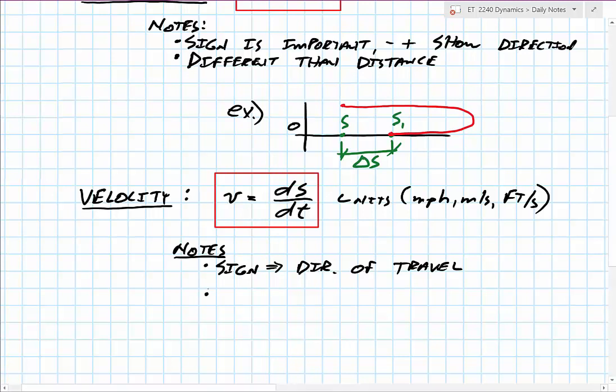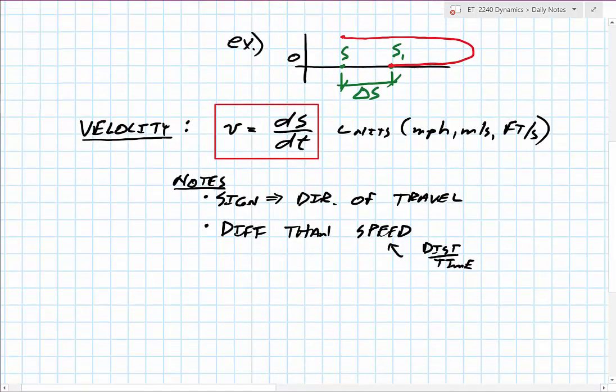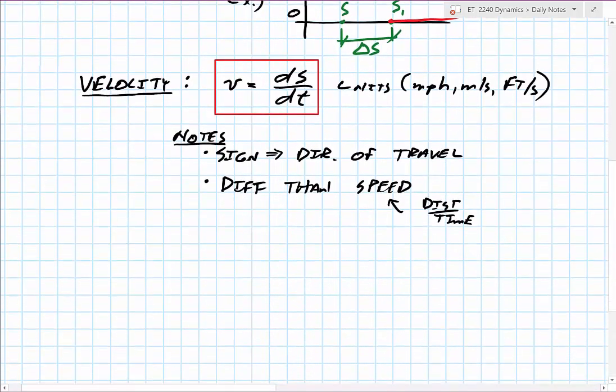And just like displacement was different than distance, velocity must be different than speed, because speed is based on distance, not direction, right? So speed would be our distance over time. And since displacement and distance are different, then of course speed has to be different than velocity.